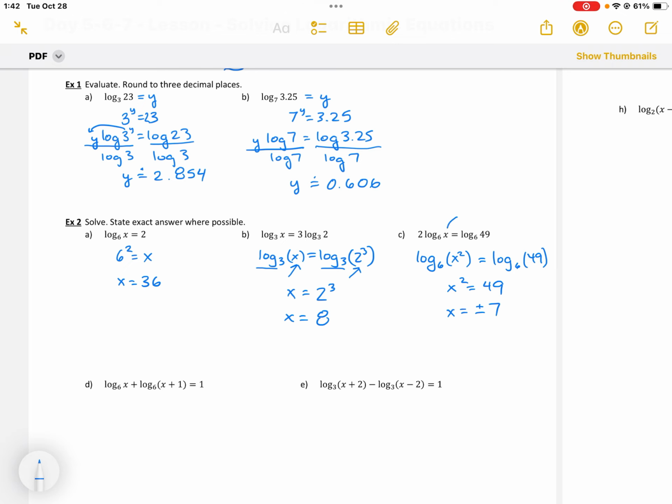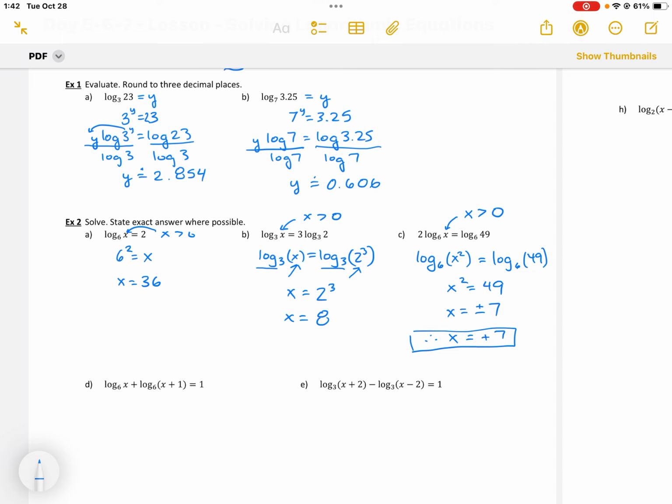But in my expression, all of my x values have to be above 0, which means that my only possible answer is for x to equal positive 7. So we are now getting into restrictions, again, on our equations, because our function has some restrictions. In this case, the argument of the logarithm has to be greater than 0.